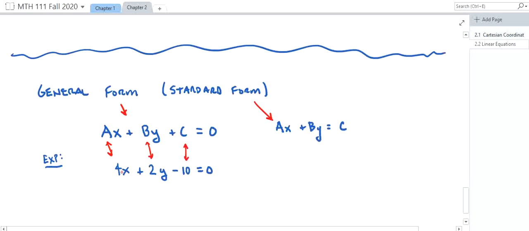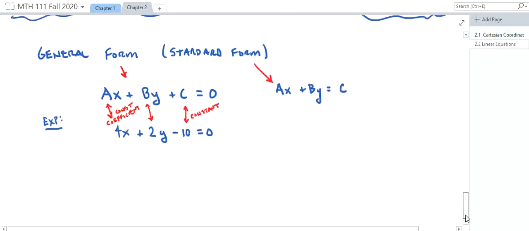When you have a constant multiplied by a variable, you'll call this a coefficient. So these two are coefficients. This is just a constant on its own. They're always going to be a constant value times the variable x or y.